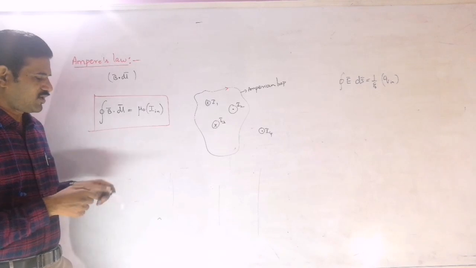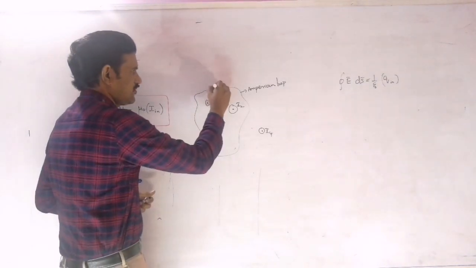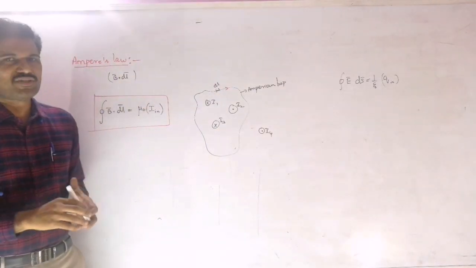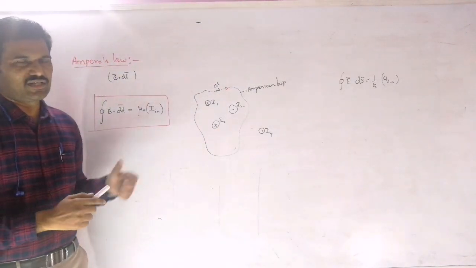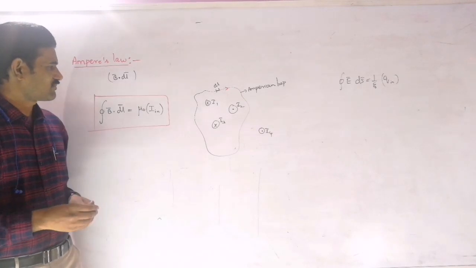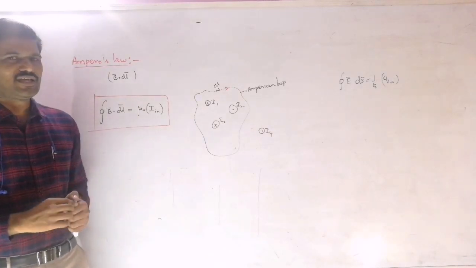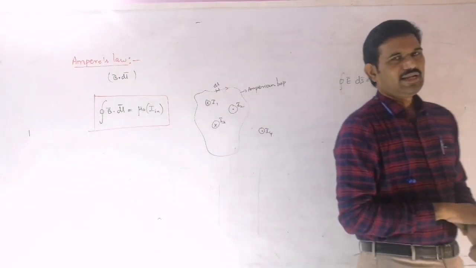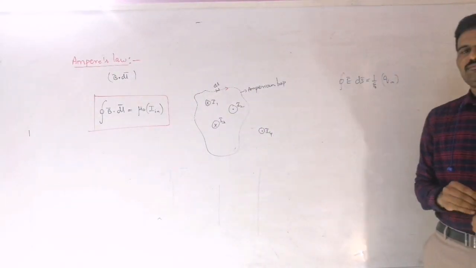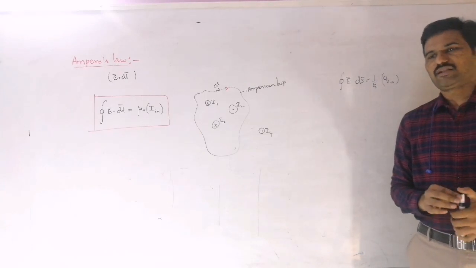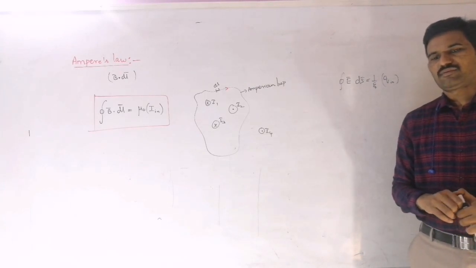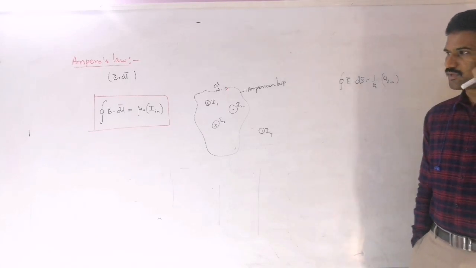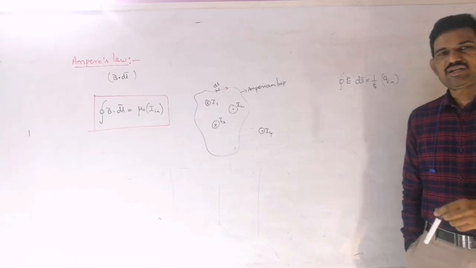If you are taking a small element of the path here, then you can take that as dL. That is the length of the path along which we are integrating. So just mention that here dL is the length of the small element of the path along which we are integrating.